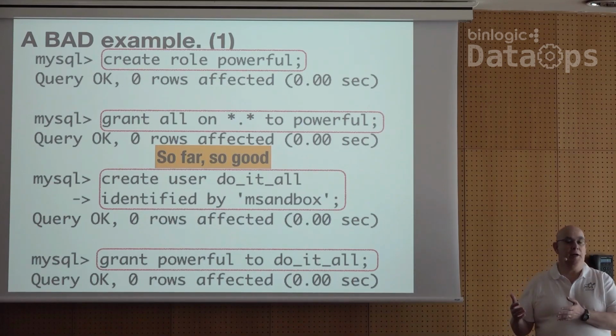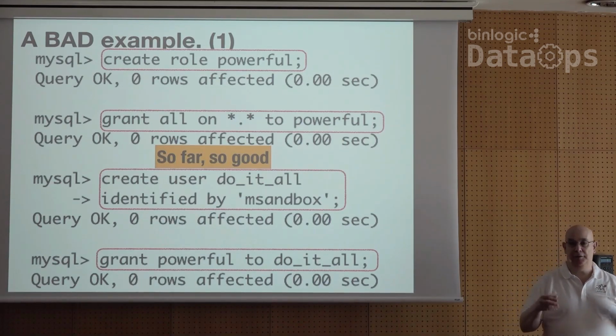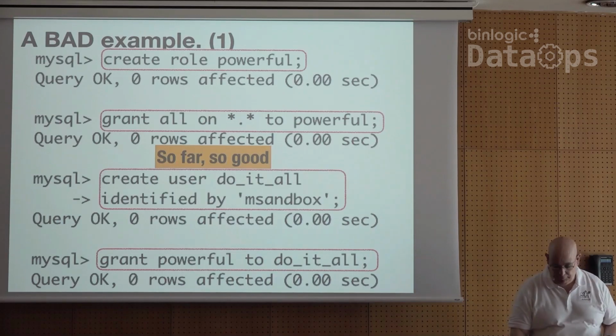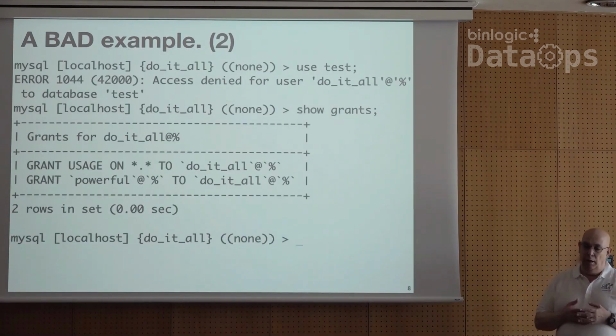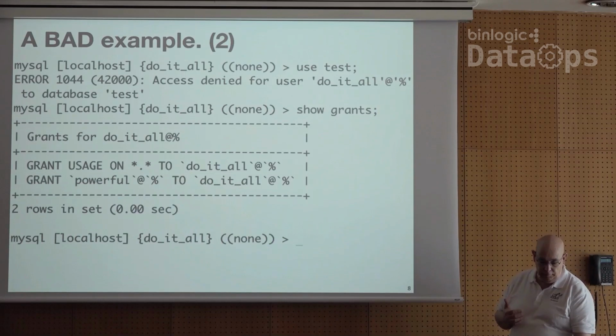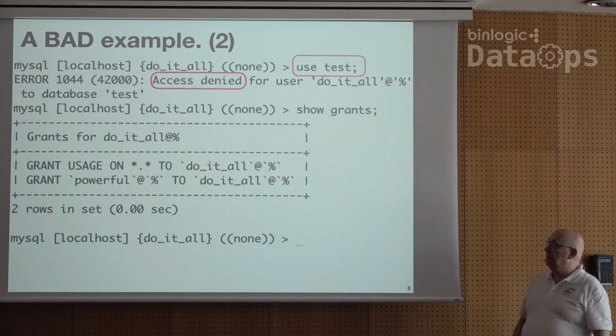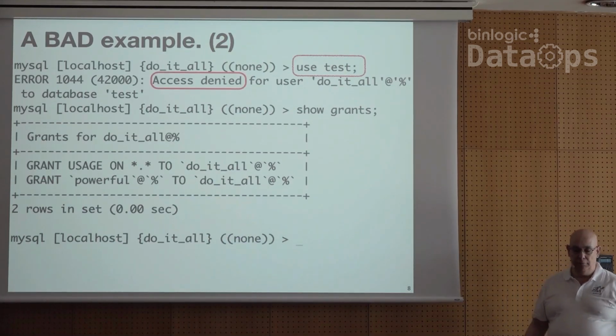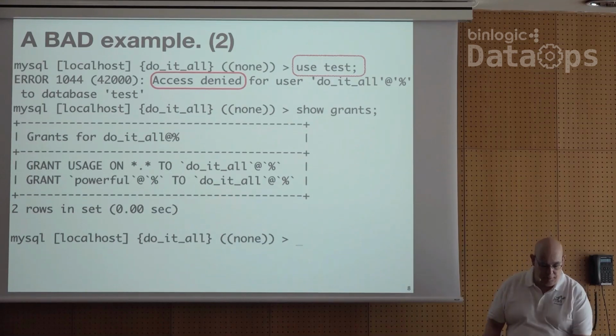So what are we going to do? We are going to take this new user and do something with it. Now I connect with the user and do a use test, and you see I get access denied. But you know, I should have everything.